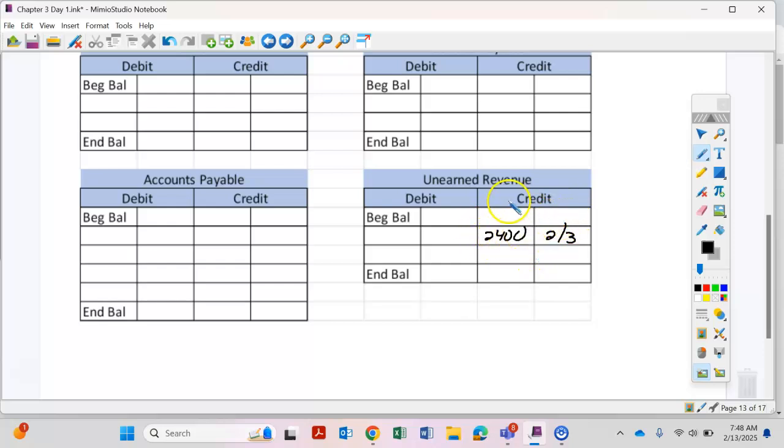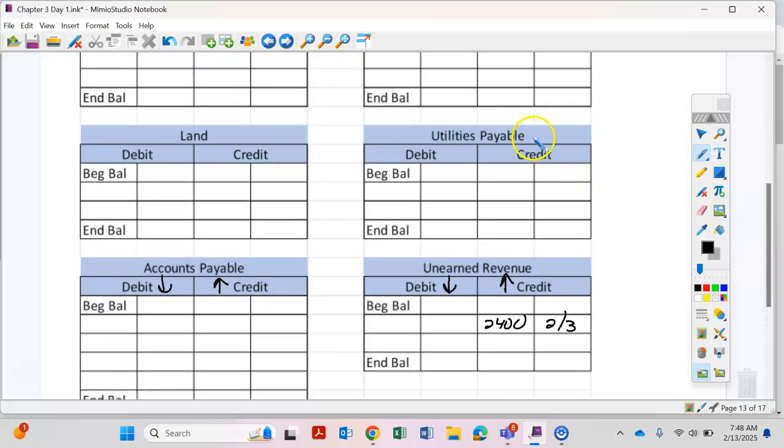So the date goes here. It's a liability. Liabilities go up with credits and down with debits. Same thing over here. Accounts payable is a liability. It goes up with credits and down with debits. Same thing here. Utilities payable. And all of these accounts would have beginning balance of 0.